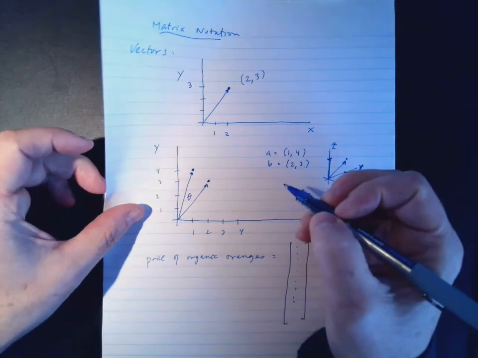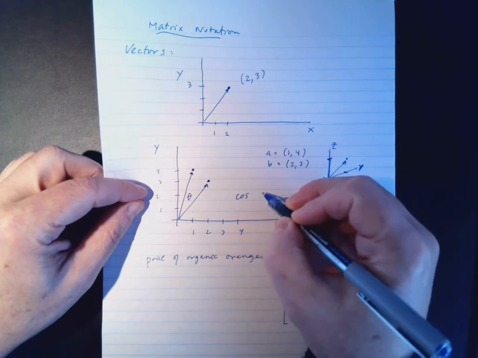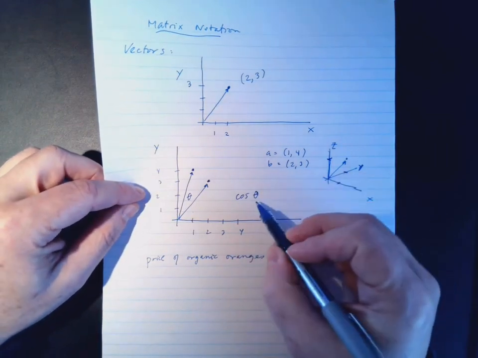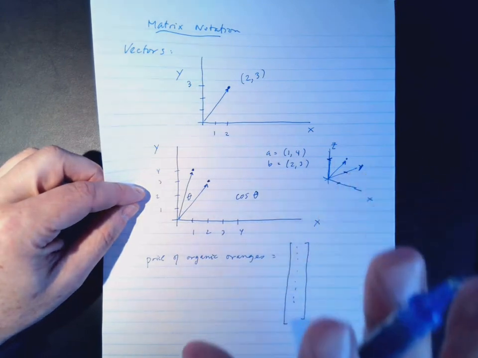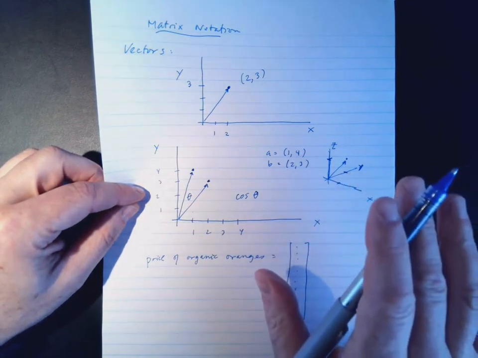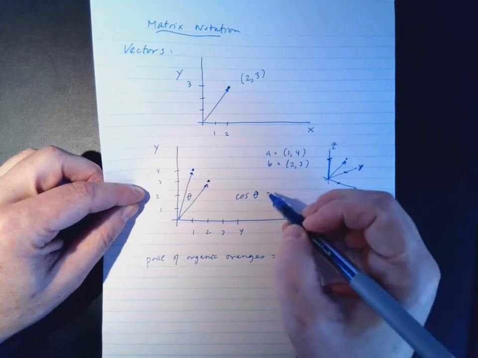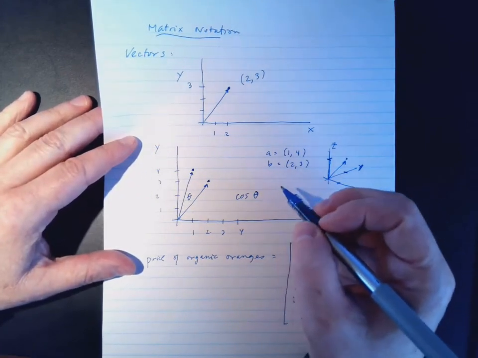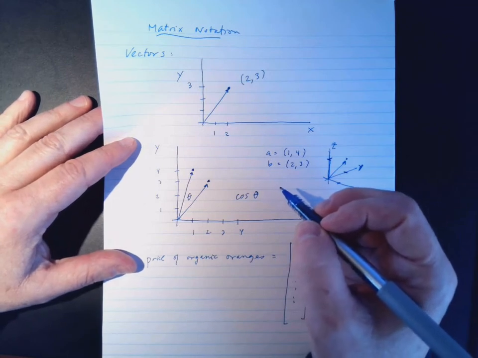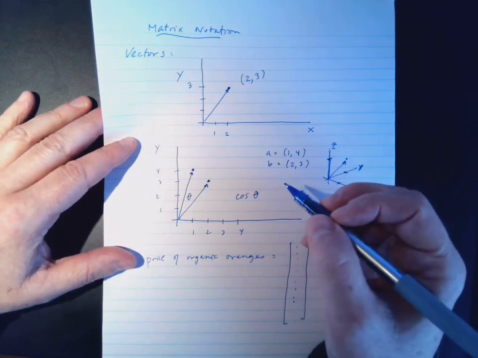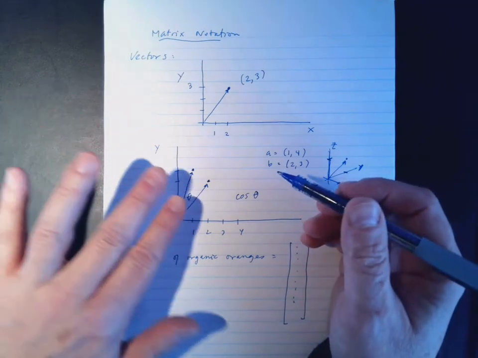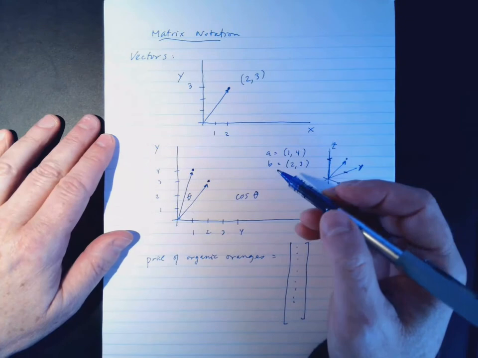So the cosine of that angle, and this is the only trigonometry we're going to do. Don't worry, you don't have to remember all your high school trigonometry. This is the only appearance of trigonometry here. So the cosine of an angle is kind of a measure of how parallel these two lines are.